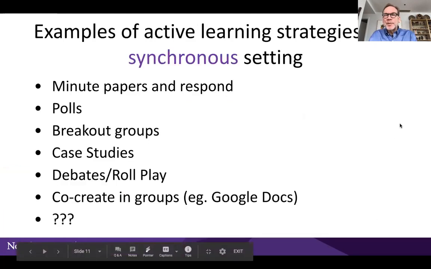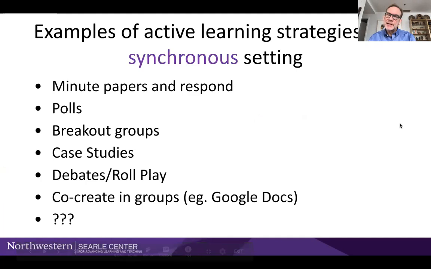Here are some examples that will help you think about how to use active learning strategies in your synchronous setting. Think about minute papers and respond, polls that you can do in Zoom, breakouts that you can create, case studies that you might have groups dig into. Think about how you might structure debates or role play or other kinds of things, putting students in breakout groups and then bringing them back to their presentation to a larger group.